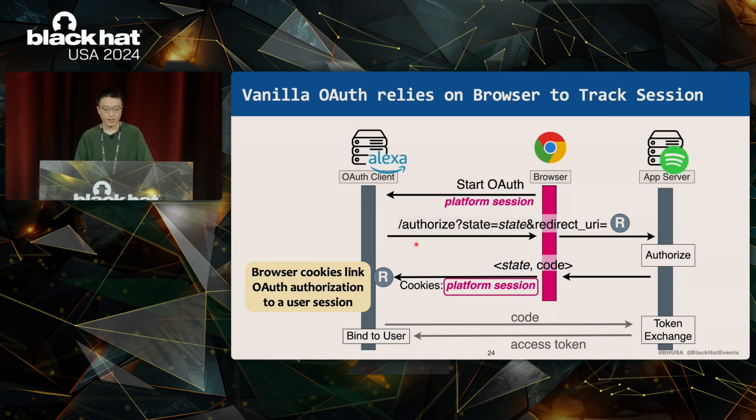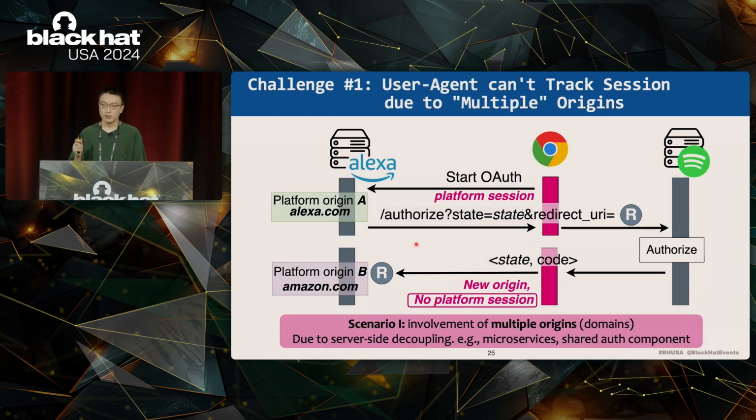However, the assumption that the user agent can keep track of the session may break in some other more complex scenarios. So this is the first scenario where it can become challenging to track the session. In this case, you can see that the server on the left-hand side, the same platform, may have multiple different domains, or we can call them origins.